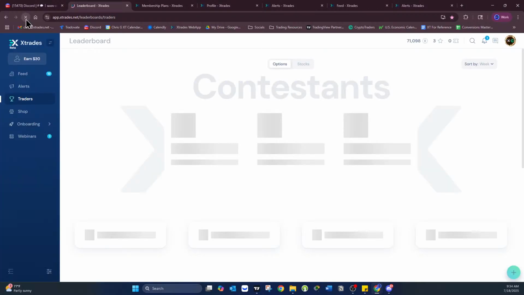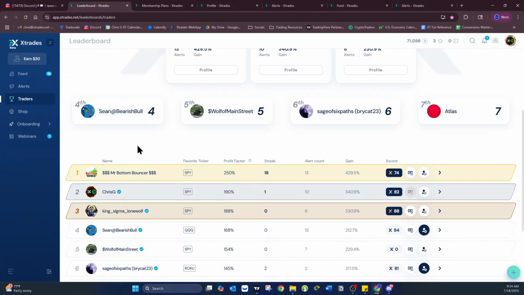Okay, I'm on the leaderboard. Let's go. Right, so over here is the top traders of the week, for example. We do have some for the previous week. You can look for the month. You can even search all time. You can search for the whole year.